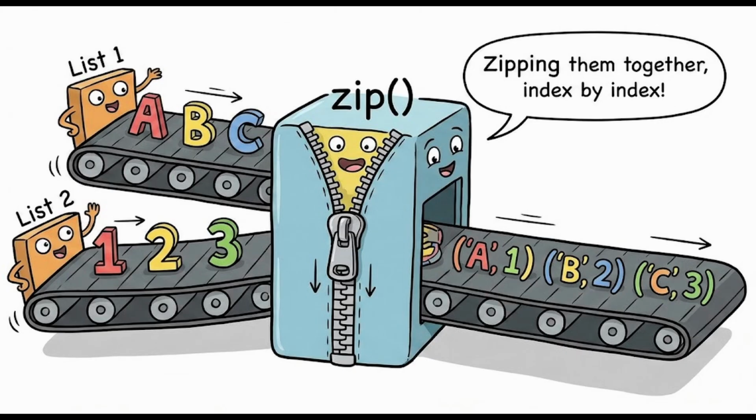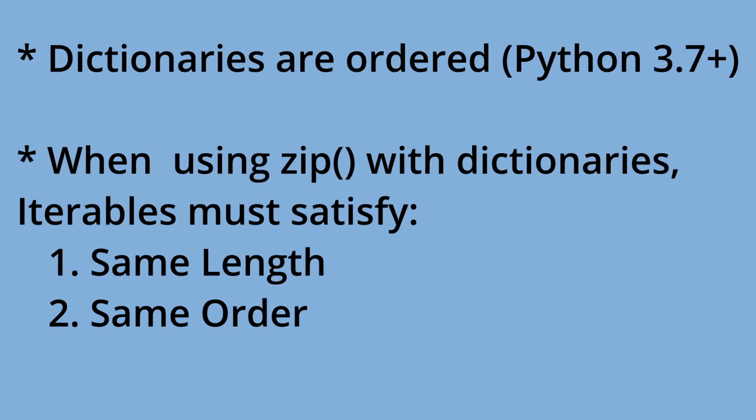It will generate one only when you iterate over it or use it with list, tuple, or dict functions. Since Python 3.7 plus, dictionaries are ordered, so zip is now much safer to use because the sequence of keys and values remains consistent. When using zip with dictionaries, always ensure: 1. Same length, 2. Same order.